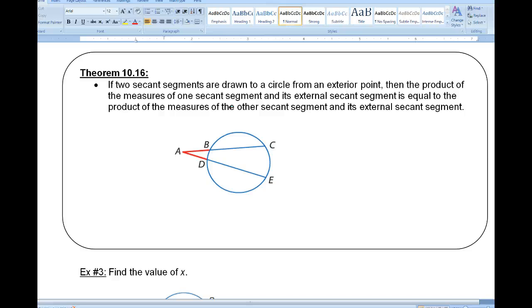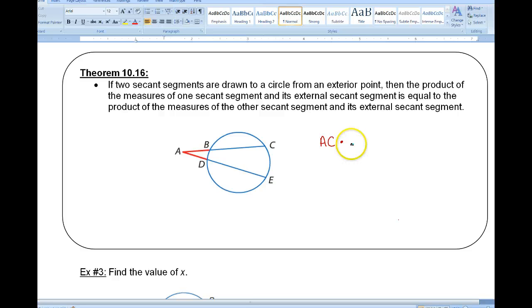So what we're going to do is take the product of one of the secants. What would be one of our secants? AC. Notice I'm not going to put a little segment line above because I'm talking about the measure of that segment. So I want to multiply AC by its external secant segment, which is AB.